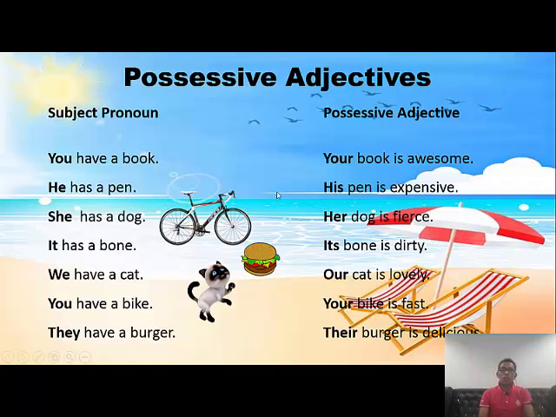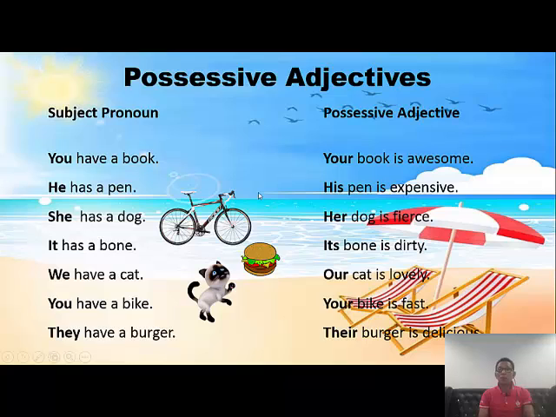All right. So what I want you to look at here is the subject pronouns: you, he, she, it, we, you, they. These are all subject pronouns. Do not get confused. Most of the time they are in the sentence when you try to repeat or to say something that belongs to something or someone. Then for you, you have to use your.